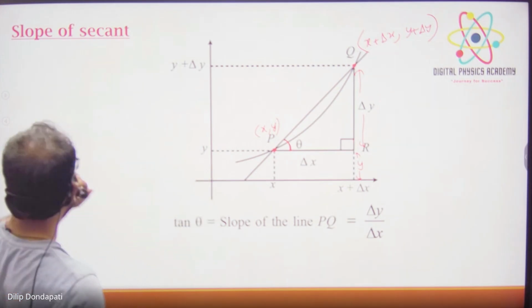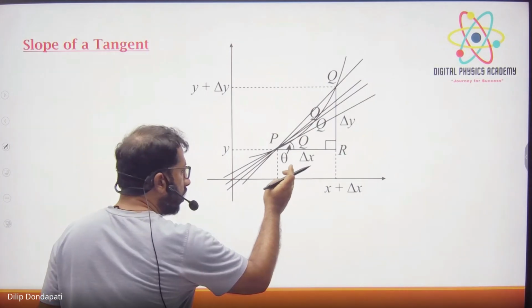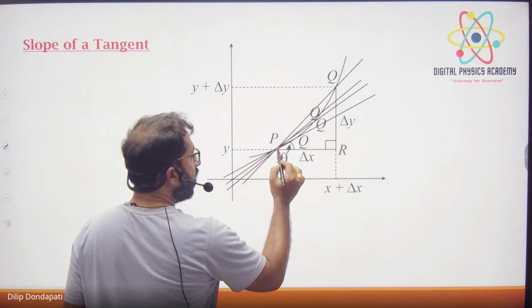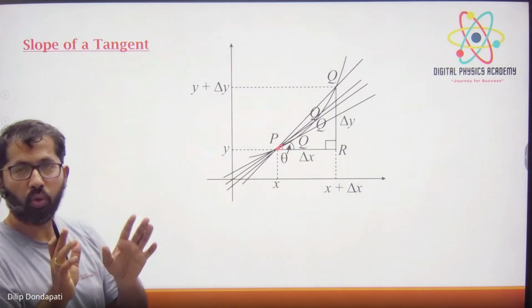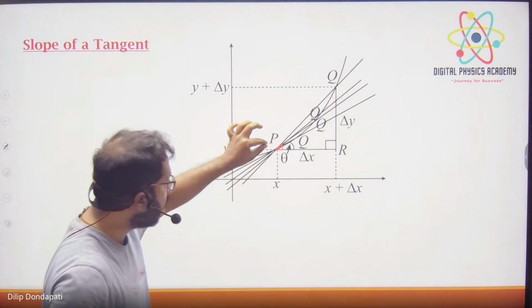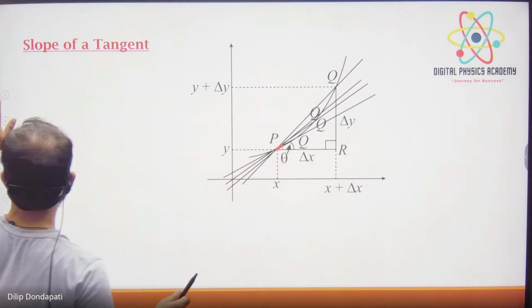Okay, at one particular instant, look, it is called the slope of the tangent. I am going on reducing the delta x. At a certain point where P and Q are very close, not overlapping, not completely zero, very close. At that point if I try to find tan theta, what is the formula we'll get?